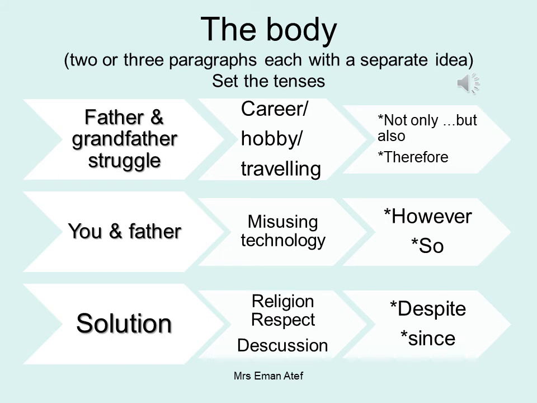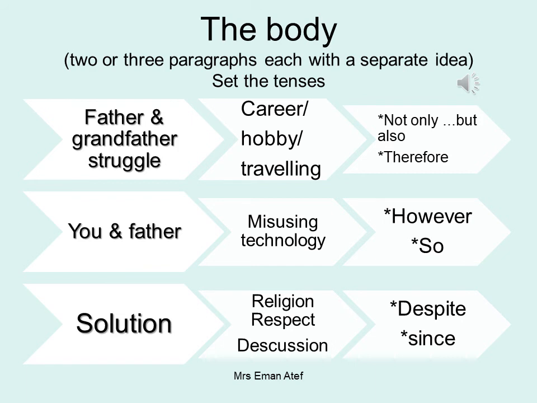Why have we chosen this? Because if you start writing about the struggle between you and your father, it will give the reader the idea that it is your problem. But if you write about your father and grandfather, it is a problem that existed long ago. Okay.